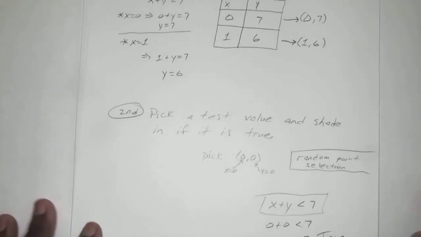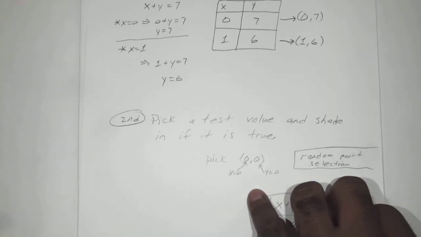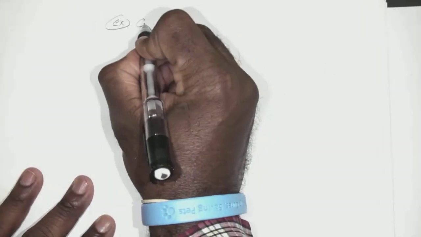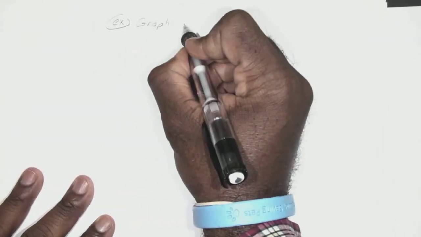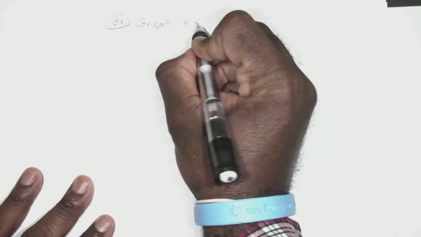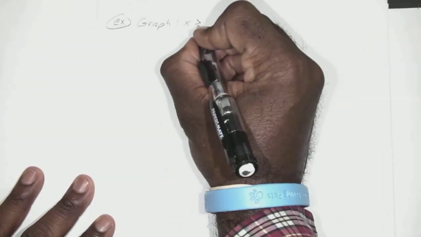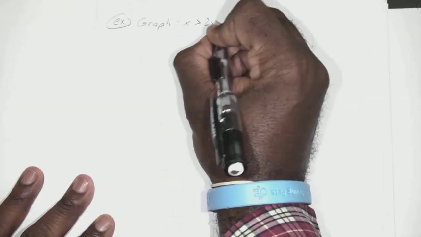All right. So let's say we want to graph x is, I'll say greater than, switch it up a little bit. x is greater than 2y.